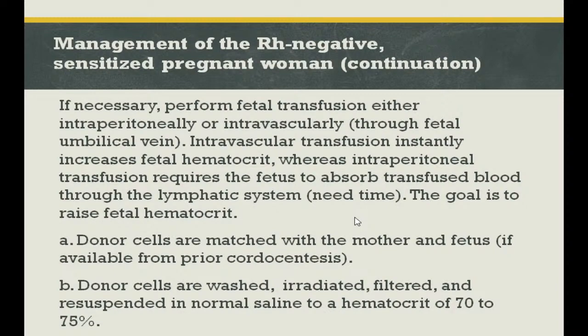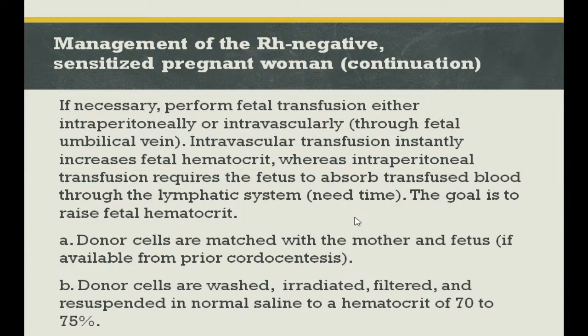perform fetal transfusion either intraperitoneally or intravascularly with the help of this percutaneous umbilical cord sampling, and it can help us to support fetal oxygenation with the entrance of donor RBCs to the fetus, which will help us to prolong pregnancy up to a more viable fetal term.